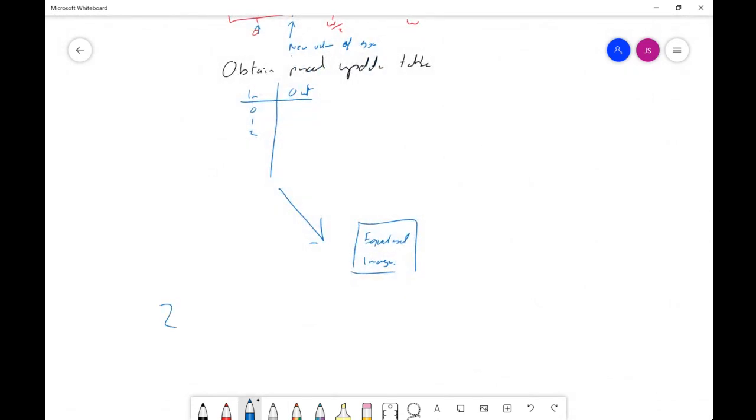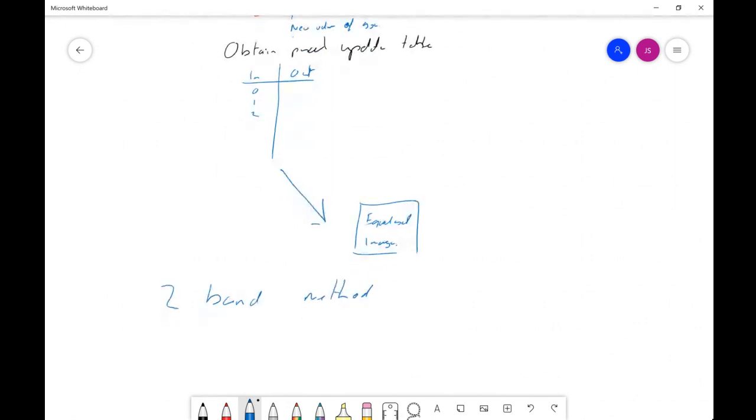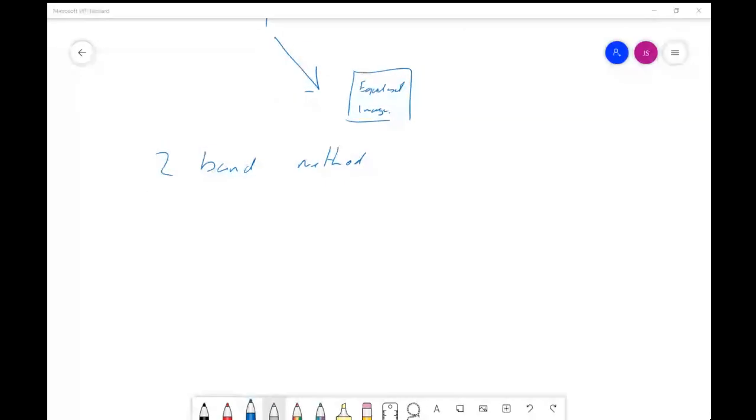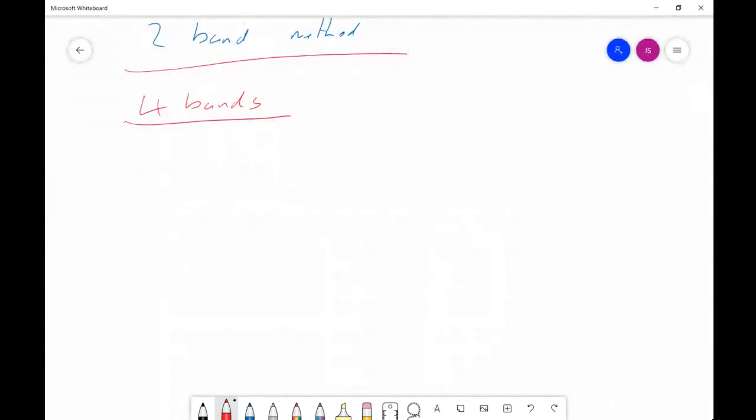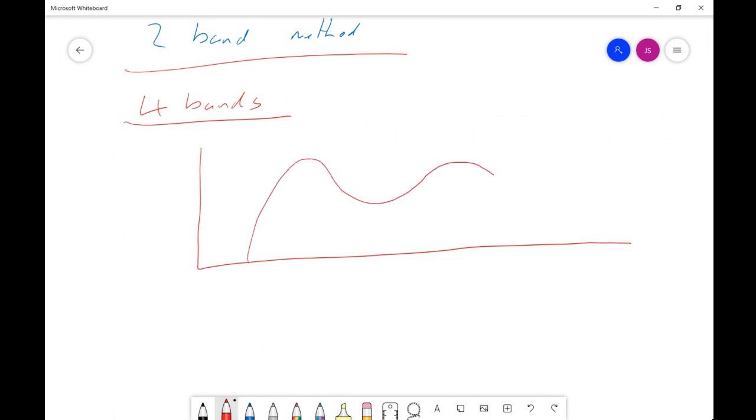That's a 2-band case. You could extend this idea to more bands. If we were taking 4 bands, I'll just outline the process there. For 4 bands, the histogram, something like that, we would find the regions that contain 25% of the pixels.